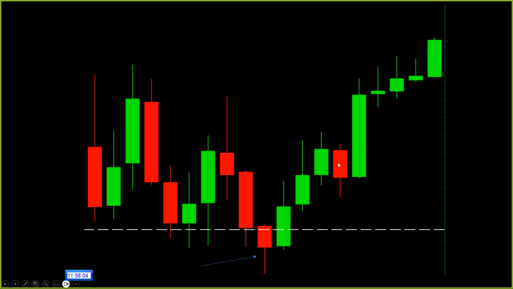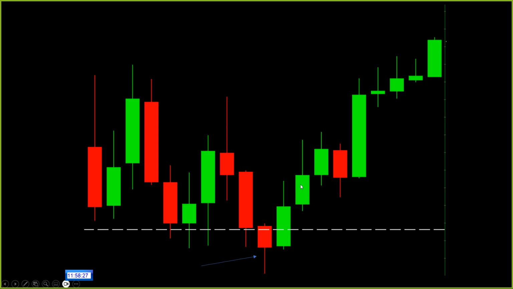These are the things that learning price action will keep you from getting scared out when this happens. Too many of you, when I look at your trades, are bailing out here. You're getting scared because you get a little candle going against you.